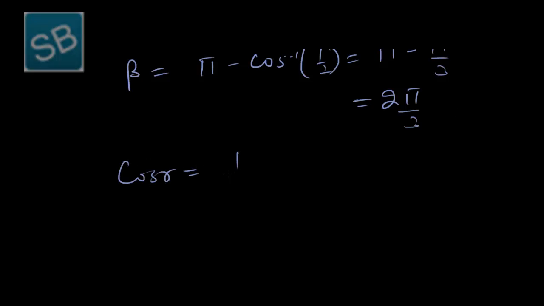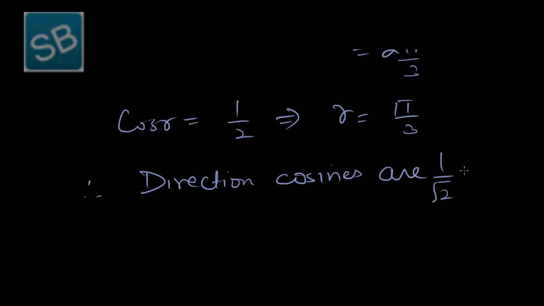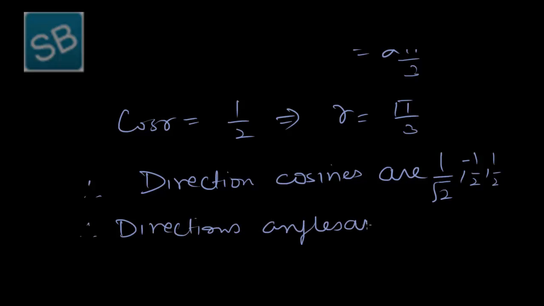Now cos gamma is equal to half, so gamma is equal to pi by 3. Therefore, direction cosines are 1 over √2, minus 1 by 2 and 1 by 2, and direction angles are pi by 4, 2 pi by 3 and pi by 3. So this was the direction angle and direction cosine of a vector.